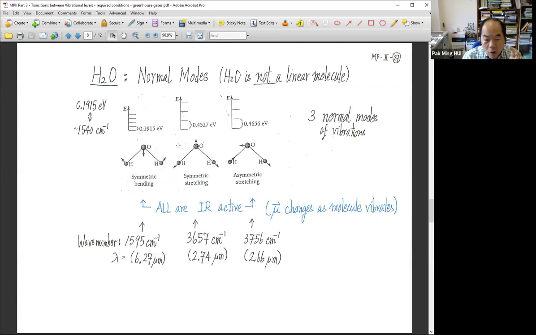In fact, all of them have the electric dipole moment changing as the water molecule vibrates. I again give you some numbers, 1600 wave numbers, okay? And then two nearby at 3,700 wave numbers.